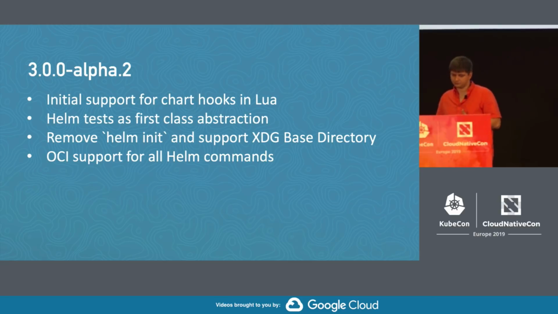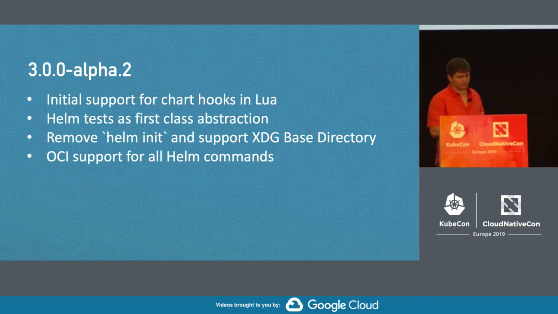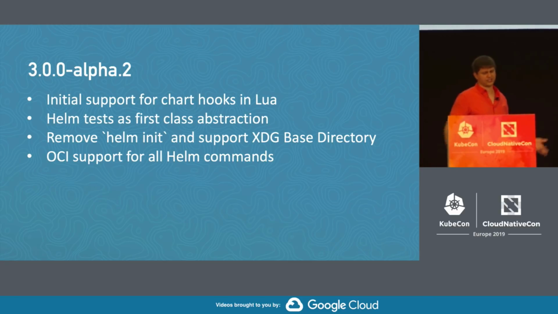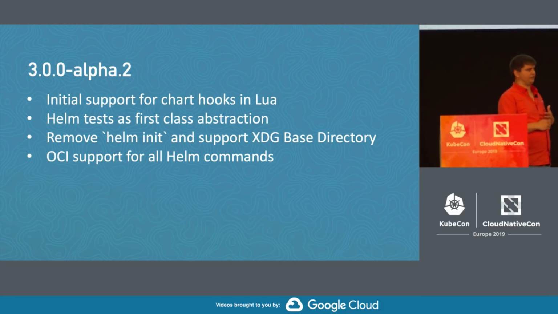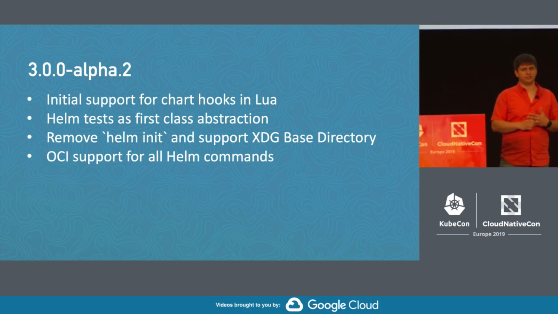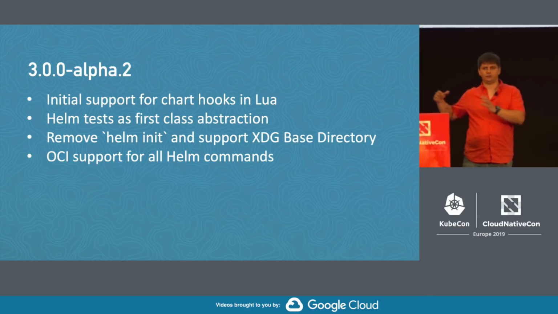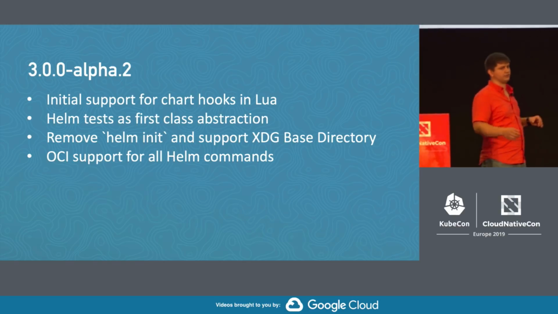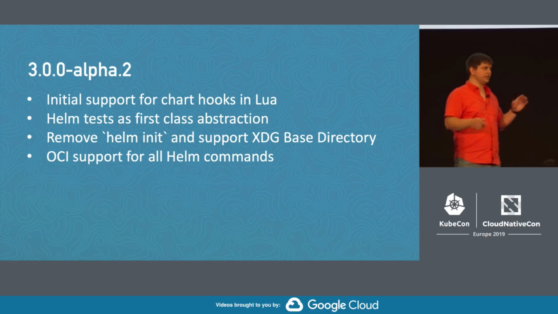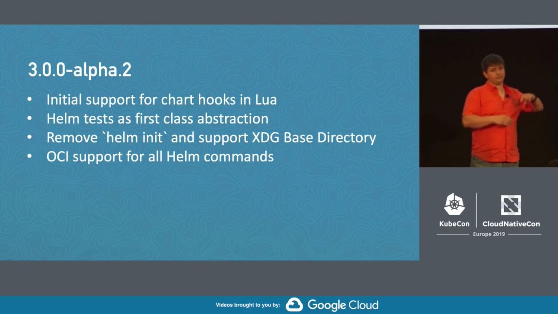And again, with the removal of Tiller, we can now remove helm init, and one of the other things we'd like to do is support the XDG base directory specification. When you're creating a client or anything else and you want to store configuration, instead of storing it in your home .helm, the XDG specification tells you about the .config directory.